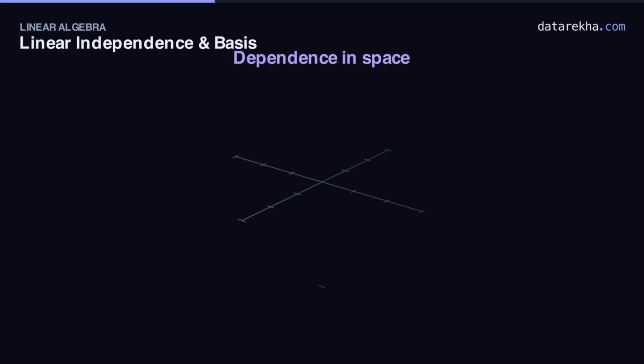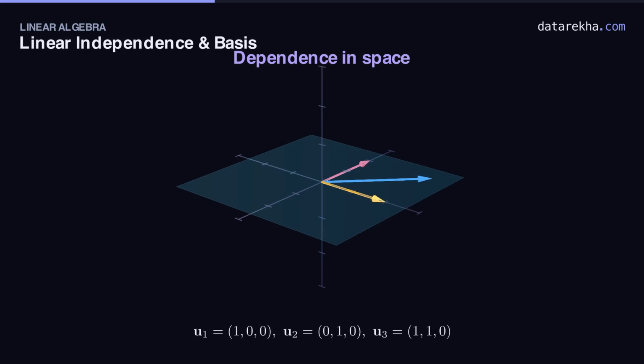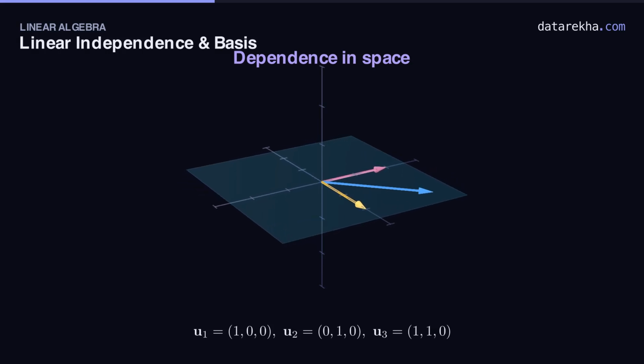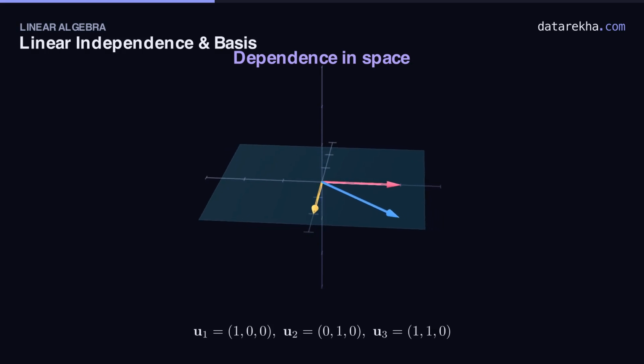Now lift the same idea into 3 dimensions, where it becomes vivid. Here is space, with its 3 axes. Grow 3 arrows, U1 along x, U2 along y, and a third one, U3, poking out to 1, 1, 0. They look like they reach into space, but they don't. Every one of them sits flat on the floor, the plane where the height z is 0.